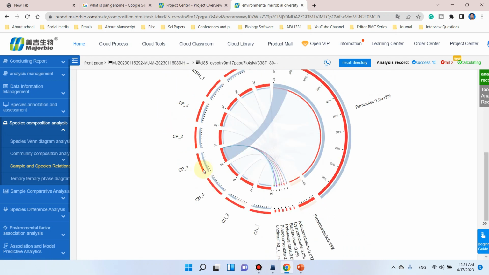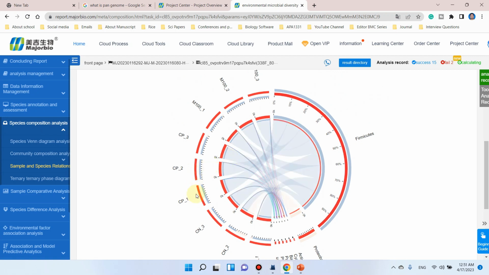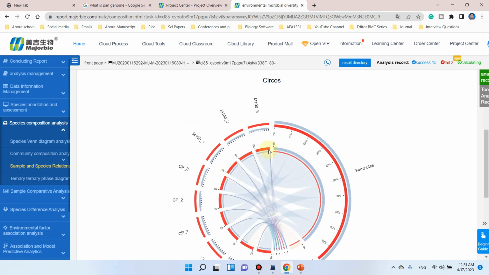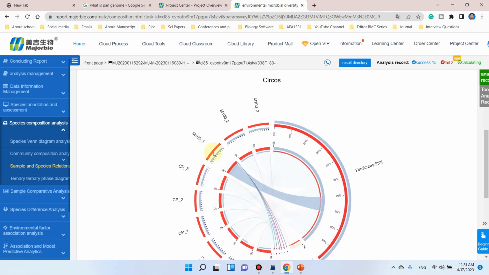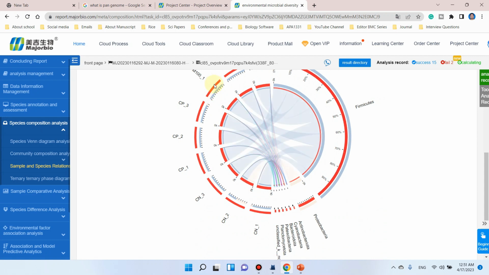If we try to associate this, you can see it is associating with the firmicutes. So in the blue color, it is showing the association with another species, that is the firmicutes. So it means it will increase the quantity of firmicutes. Similarly, if we take the medicine group, you can see the proteobacteria is again high, 6.3%.